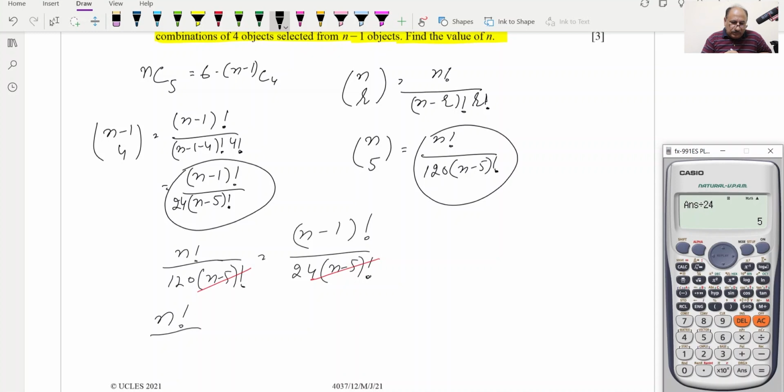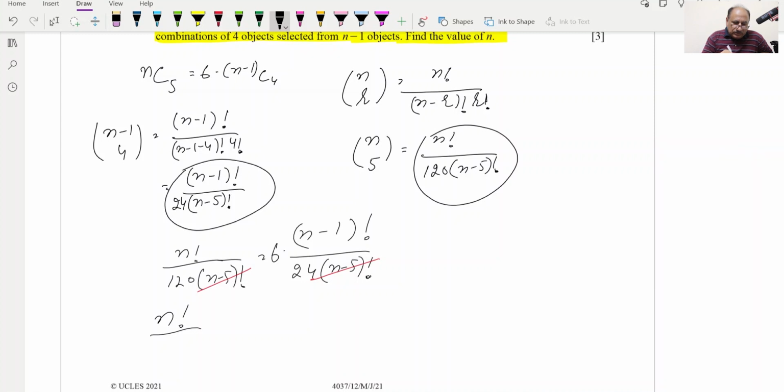We missed this 6 over here, so we can write 6 into this. So this will be 5 into 6 will be 30. So we can write here 30, which is equal to n minus 1 factorial.